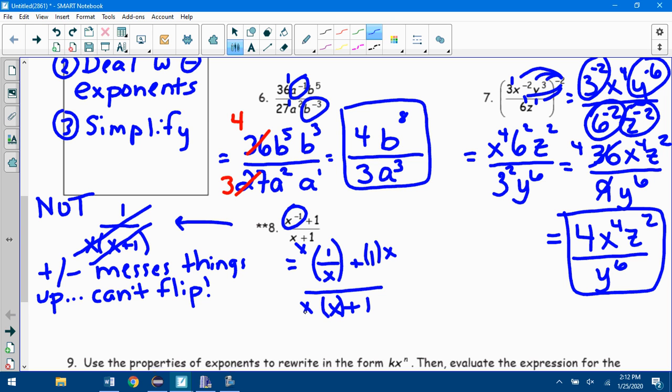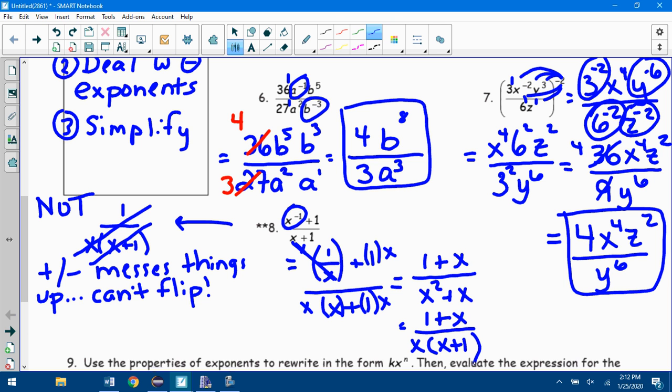Same with everything on the bottom. So we get those to cancel. I've got 1 plus x on top, all over x squared plus x on the bottom. Got to simplify. So 1 plus x is fine on top. I can take a GCF of x out on the bottom, leaving me with x plus 1. Can I cancel?